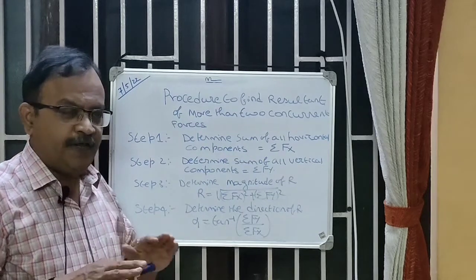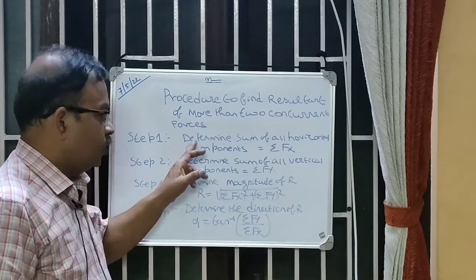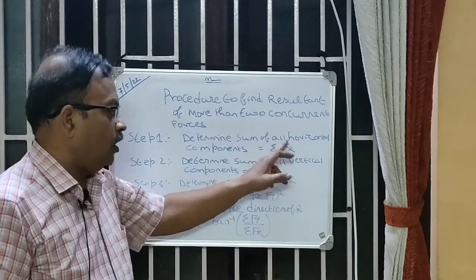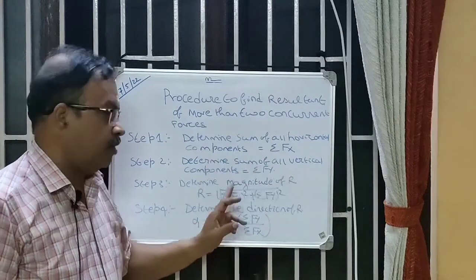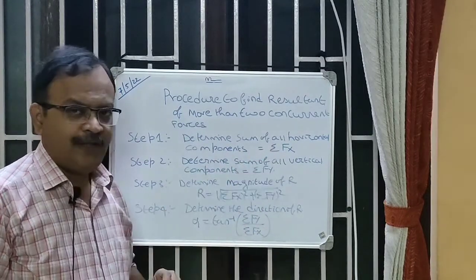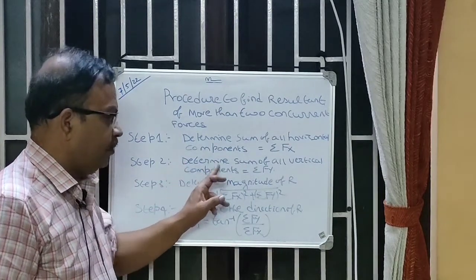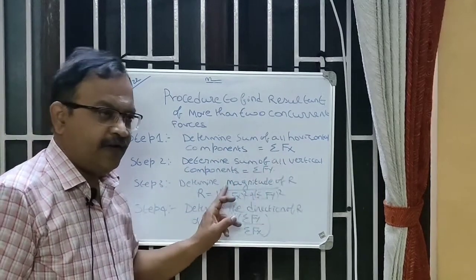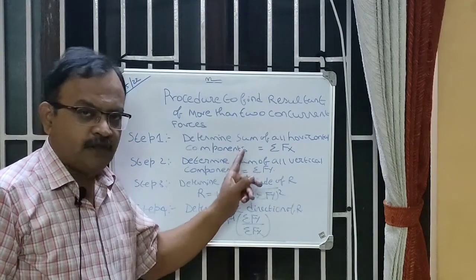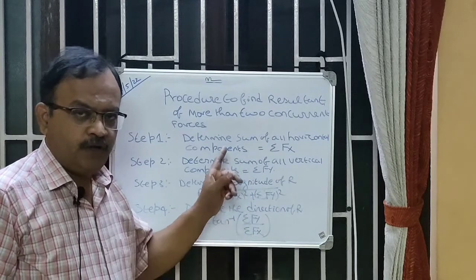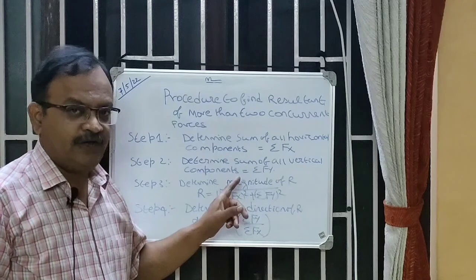After splitting up all the forces into their two components, the first step is to determine the sum of all horizontal components, that is sigma Fx. The second step is to determine the sum of all vertical components, that is sigma Fy. While determining sigma Fx and sigma Fy, we should be very careful to include the sign convention.